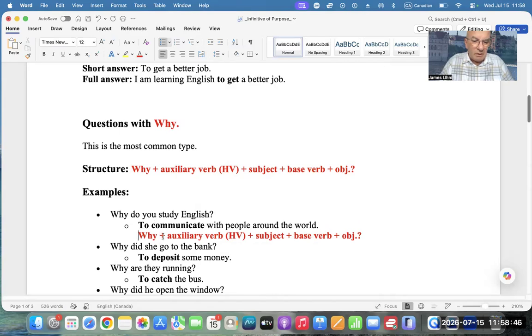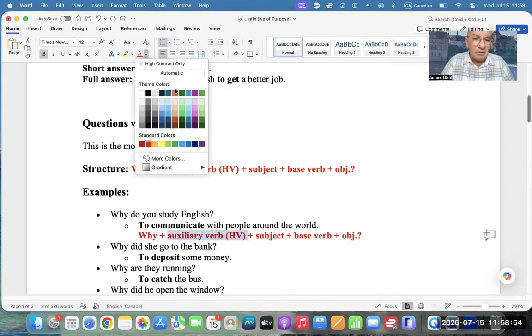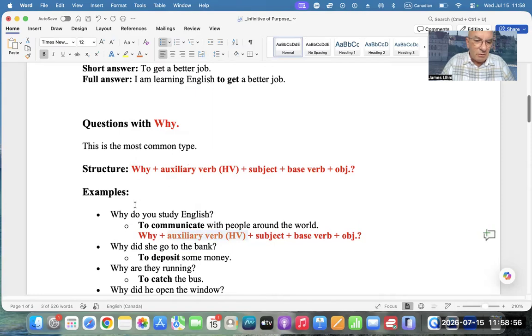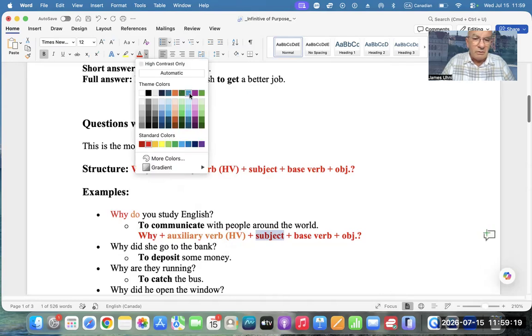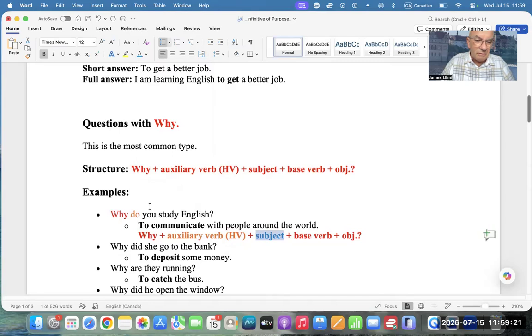Why stays red. Auxiliary verb or helping verb is, okay, let's make it orange, and it's do, right? Why is red, plus subject. So subject, let's make it blue, so we distinguish it completely. Subject is you.